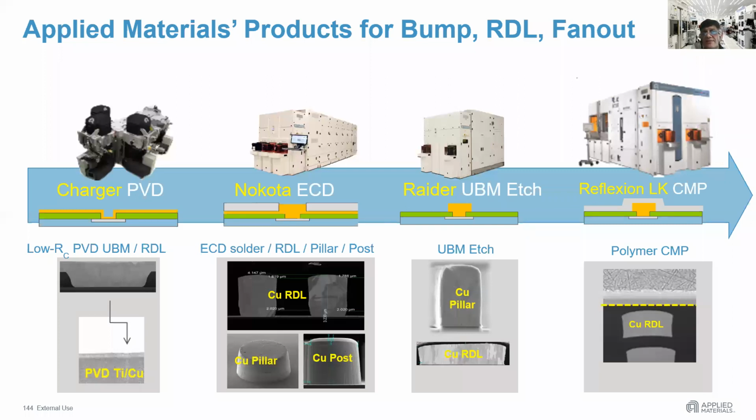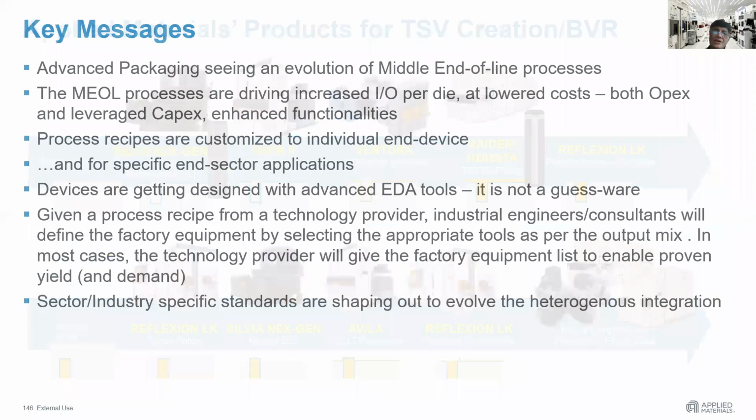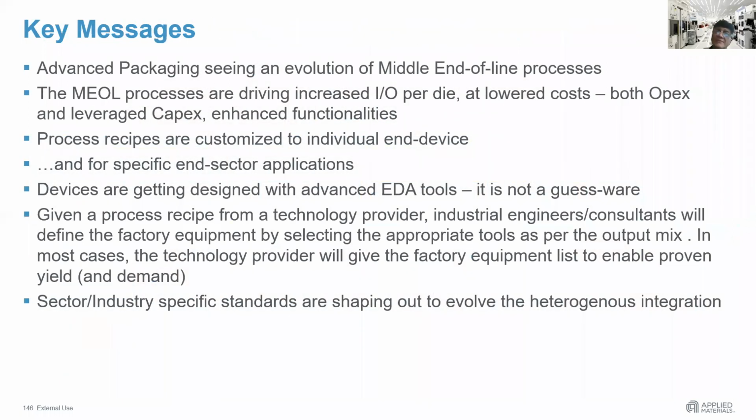I'll just flash you through it without getting into details of it, but the key messages are advanced packaging is seeing an evolution of the middle end of line process, taking some of the tools from the semiconductor front end processing into the back end processing. The process recipes are customized to individual end device for specific end sectors.